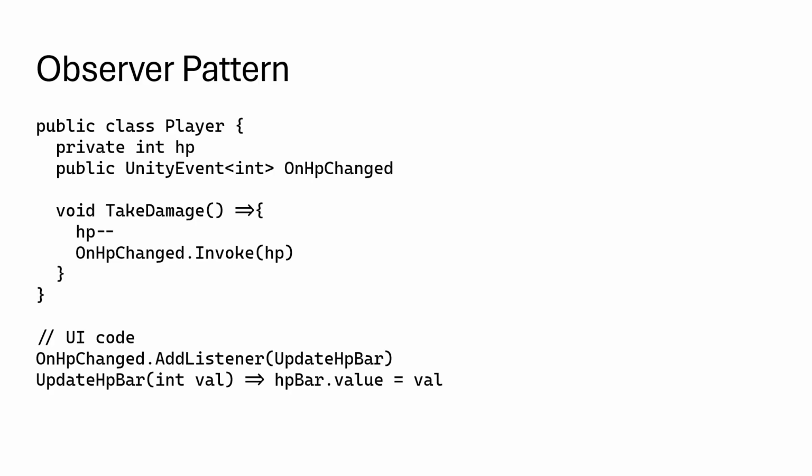But if you don't want the editor integration, you can do it with C# delegates, which looks like this. Using C# delegates gives you the shorthand of using the plus equals operator to subscribe to an event. You don't need to do AddListener. Notice the difference. And you declare this as an event.